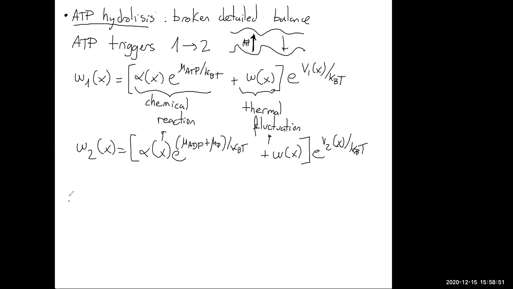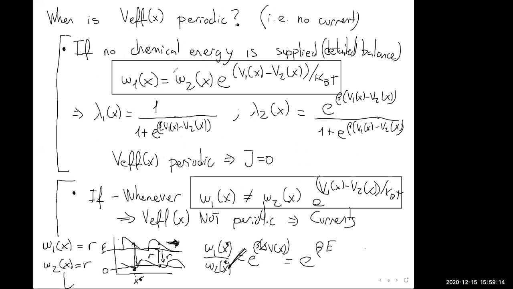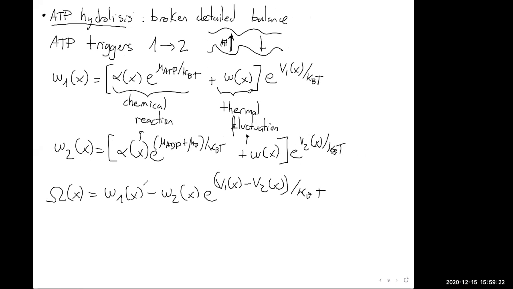We can quantify the difference between omega 1 and omega 2 times e to the V1x minus V2x over kBT. This quantity is 0 if you have detailed balance. If you go back, when there's detailed balance, omega 1 and omega 2 are related with this. So omega 1 minus omega 2 with the potential will be 0 if there is detailed balance, and non-zero if there is non-detailed balance.